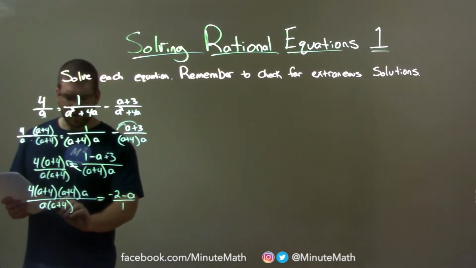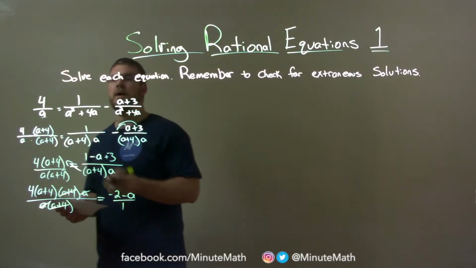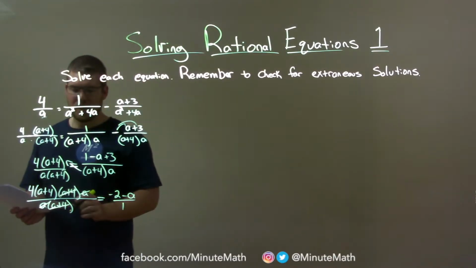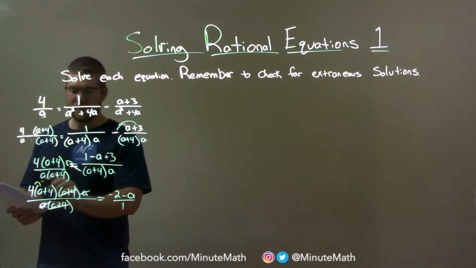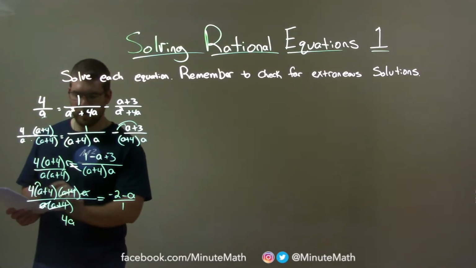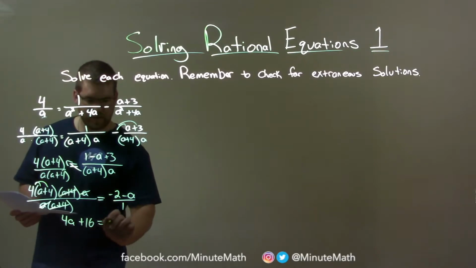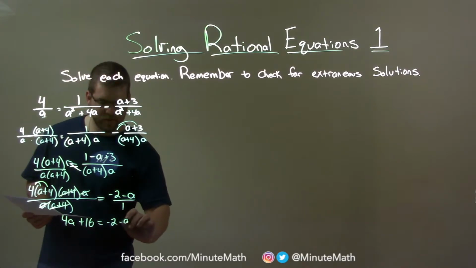Well, a plus 4 can cancel here, and so can the a, and that's why I didn't multiply it out. I knew something was going to cancel. So we now have 4 times a plus 4, and let's distribute that. So we have 4a plus 4 times 4, which is 16, equals a negative 2 minus an a.